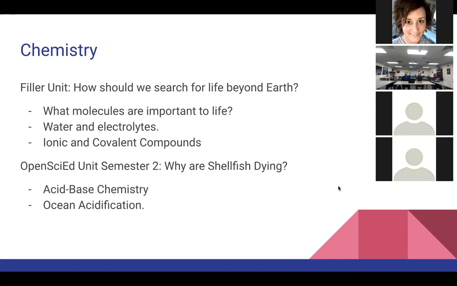We're going to look into water, electrolytes, ionic and covalent compounds, and use our search for life outside of Earth as the lens where we learn about these different chemistry concepts. Then, when we get into the second Open Sci Ed unit, we'll be looking at shellfish, more specifically acid-base chemistry and how that applies to our oceans.